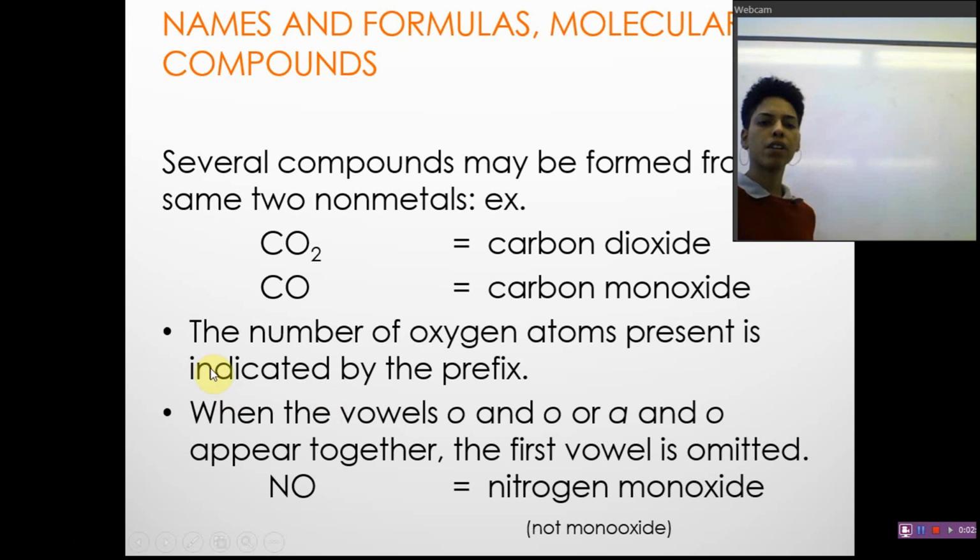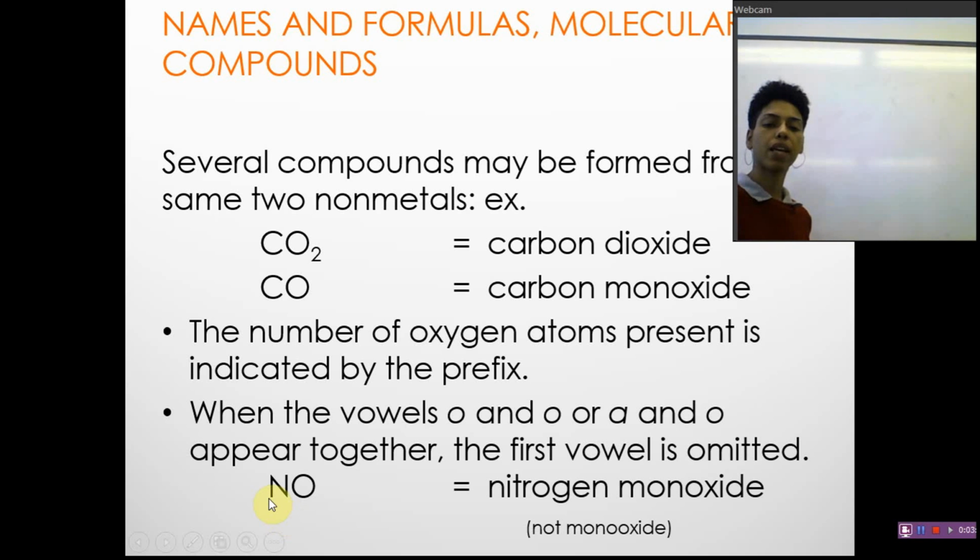So if we see here, we've got carbon and oxygen. Carbon with two oxygen gives us carbon dioxide. Carbon plus one oxygen gives us carbon monoxide. We use the prefix di or mono to determine the number of oxygen atoms present.